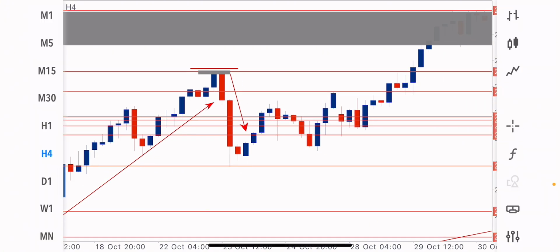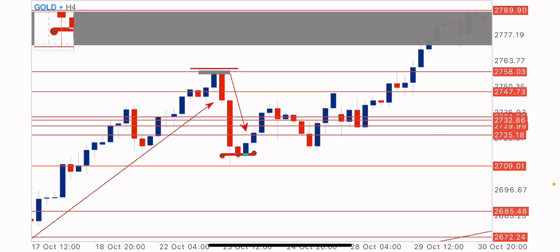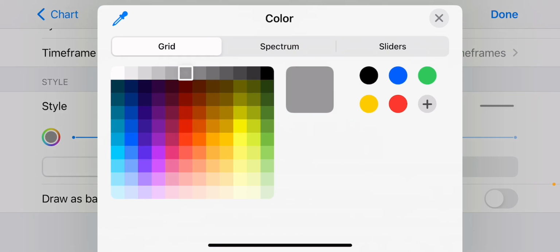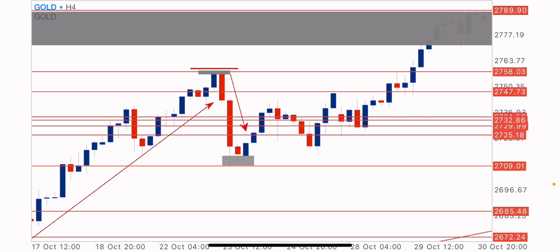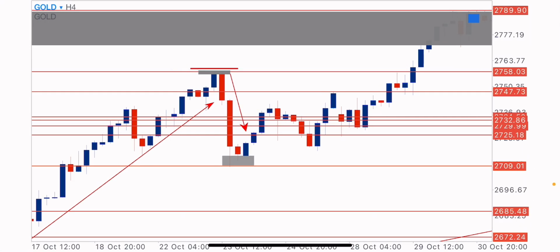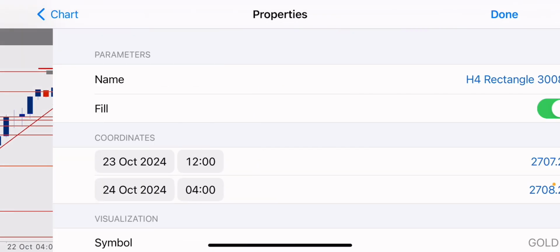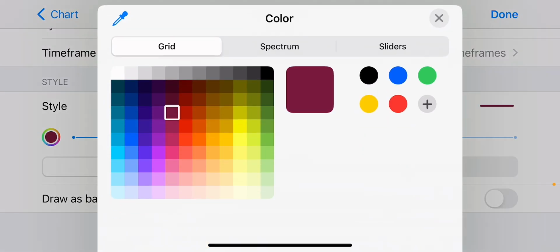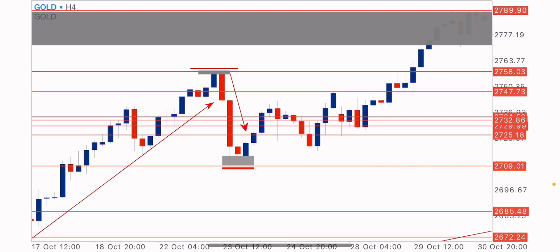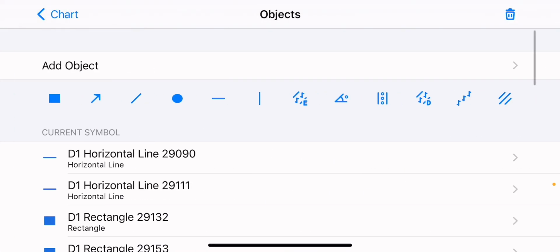Same applies to here. We can see that this zone here was a beautiful zone, whereby our stop loss would have been at this point here, and then we have a shoot to the upside, right?